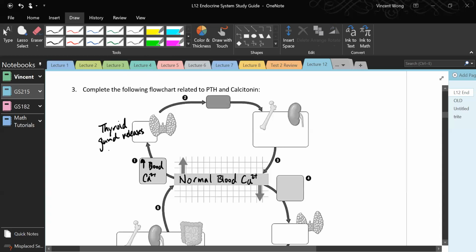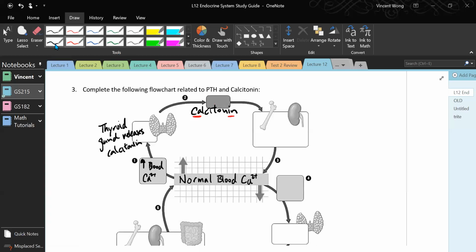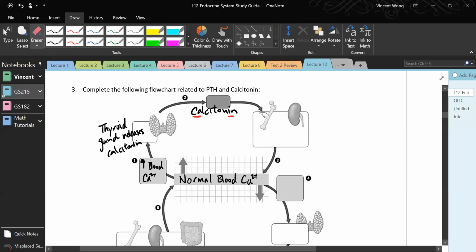When calcium increases, you need calcitonin. That's how I remember which one does what. There's an IN here, increases in blood calcium, we need calcitonin. And what will calcitonin do?